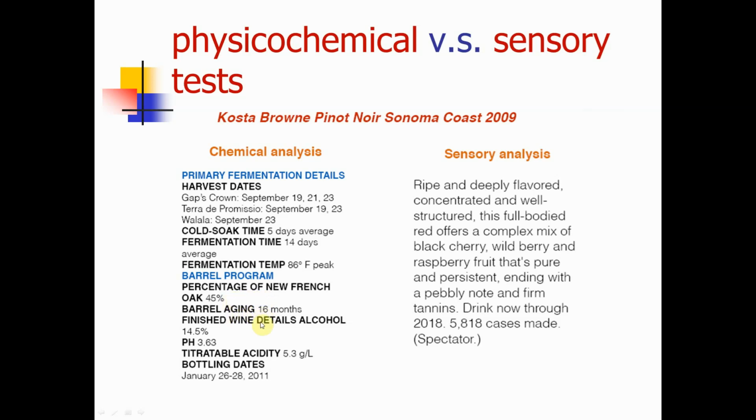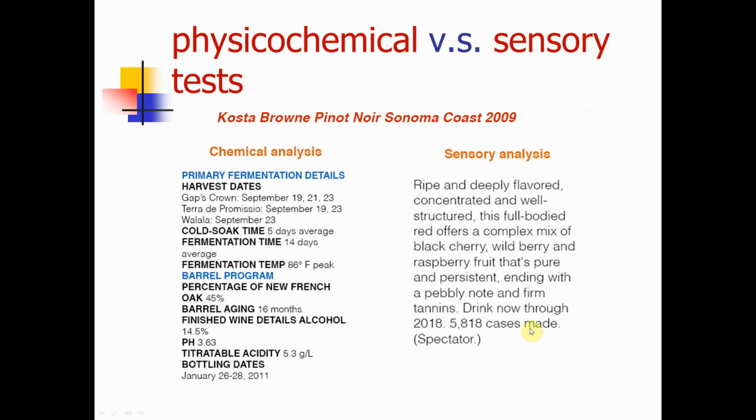What is the barrel aging, pH level, alcohol level, etc. Obviously, this kind of thing is much easier to implement because, think of it from a computer's point of view, those are numbers, and processing numbers is much easier than processing other things, in contrast with what we call sensory analysis that we're going to look at pretty soon. That's why most of the data that's available captures this chemical analysis.